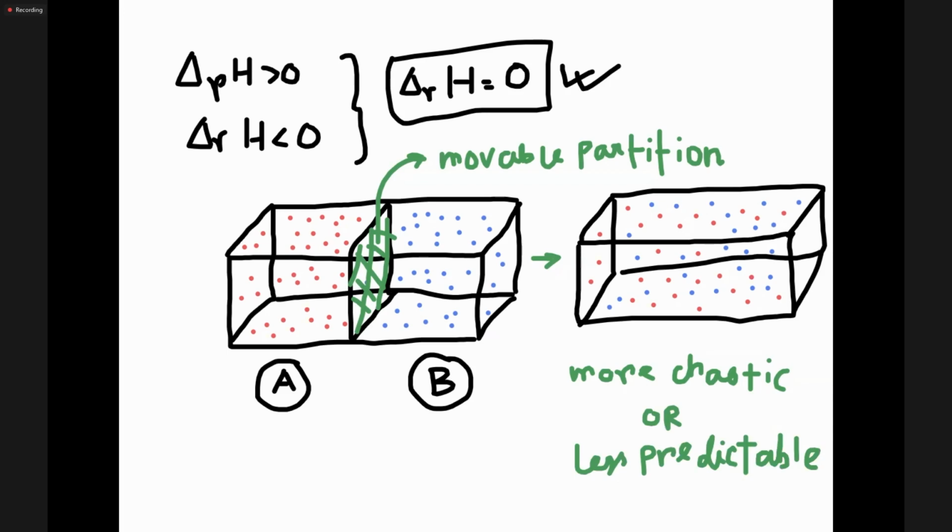So we may formulate another postulate here: whenever a system is isolated in nature, there is always a tendency for the system's energy to become more disordered or more chaotic. And this could be a criterion for a spontaneous change.